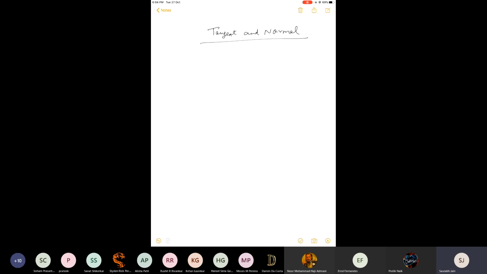So let's start with the next topic: tangent and normal. In this topic, we are going to study how to find the slope of tangent at a given point of a curve, how to find the slope of normal at that point of the curve, how to write their equations, and what the applications of tangent and normals are.